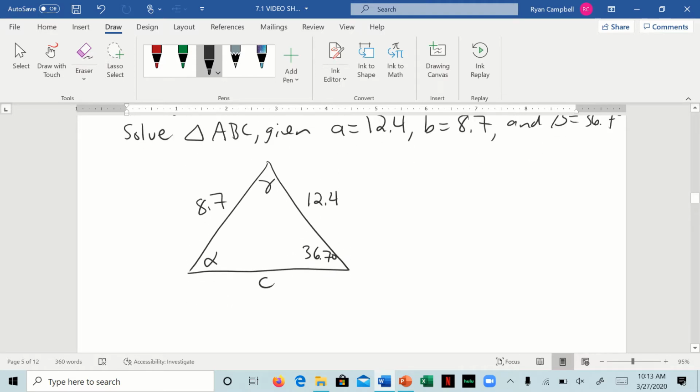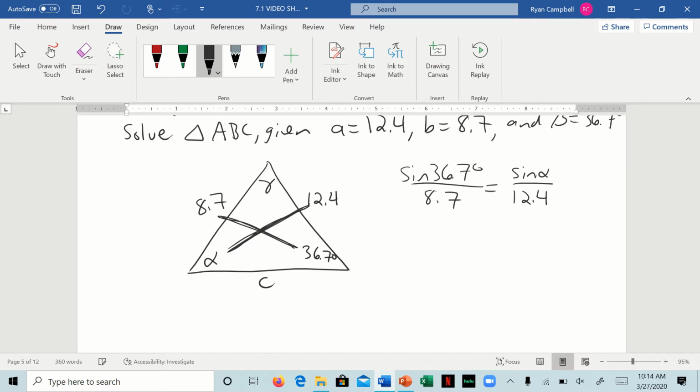So this is going to start off the exact same way the last one did, right? We do have beta and B, so that's going to be sine 36.7 over 8.7. And that's going to equal, so we can see alpha is going to be the one since that's the only one with one variable instead of 2, so sine of alpha over 12.4.